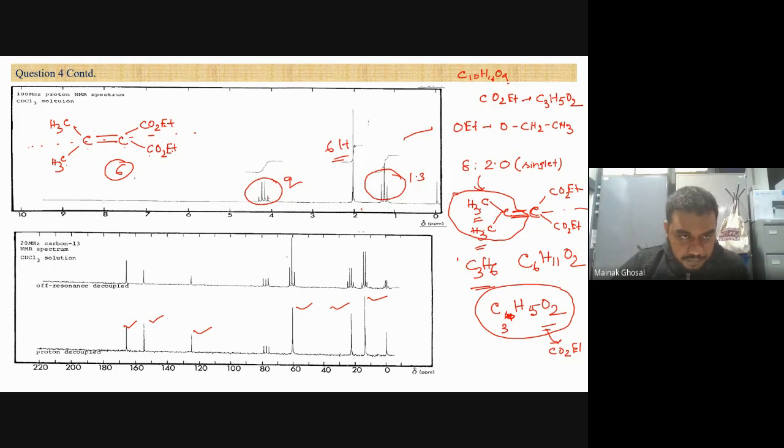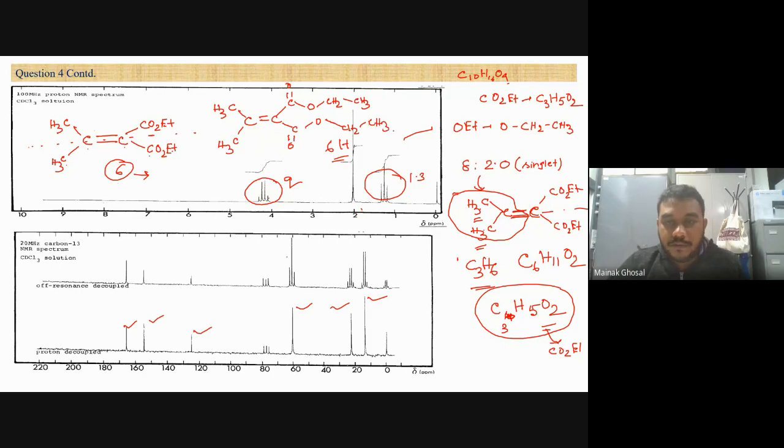Now you need to match all the other peak positions. So I like to write C double bond C, CH3, and the ethyl group OCH2CH3. Now you see this carbon pattern. For CH2CH3 we expect peaks at 60 and 15.